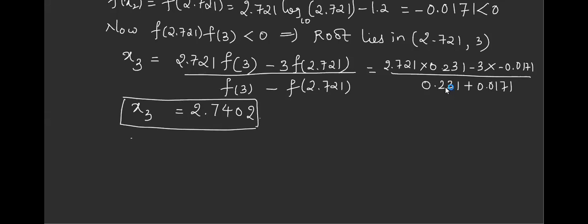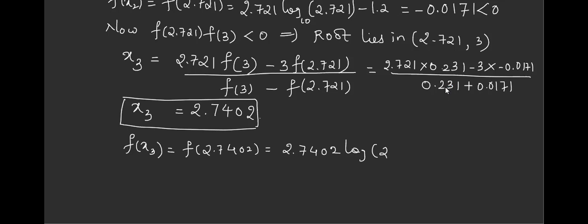So after this, you have to calculate f of x3. That will decide whether to choose the first interval or the second interval again. Got it? This is f of 2.7402. What is the function? x log x to the base 10 minus 1.2.